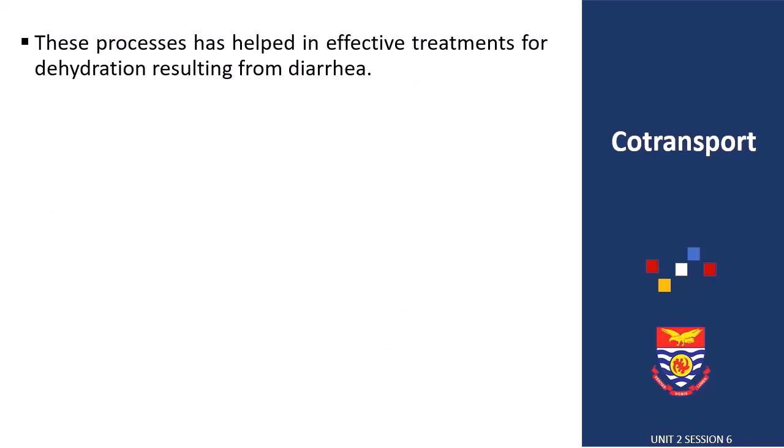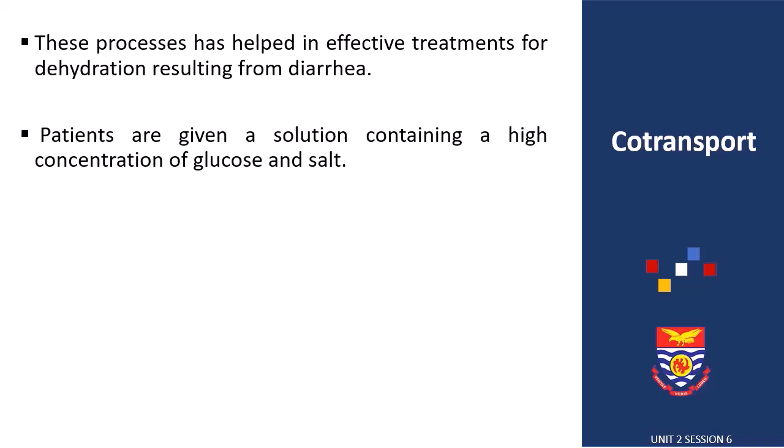This process has helped in the effective treatment of dehydration resulting from diarrhea in humans. This is an application of co-transport, whereby patients with diarrhea are given a solution containing a high concentration of glucose and salt to drink.